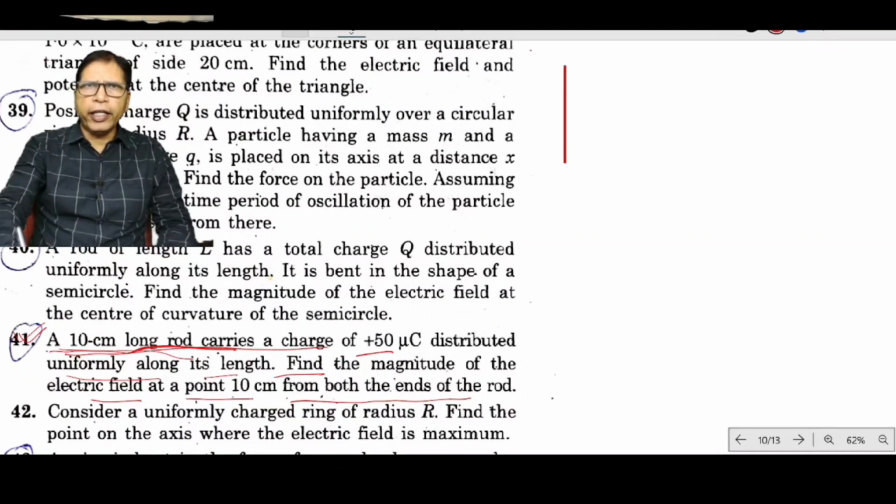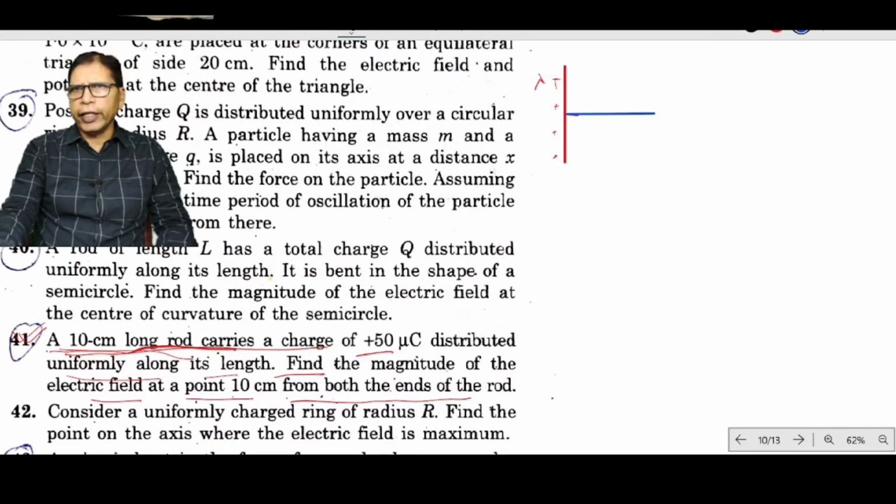Its linear density of charge is lambda. We have to calculate intensity at a distance r from the midpoint. The distance from each end of the rod is 10 centimeter. This also is 10 centimeter. Length of the rod is 10 centimeter.